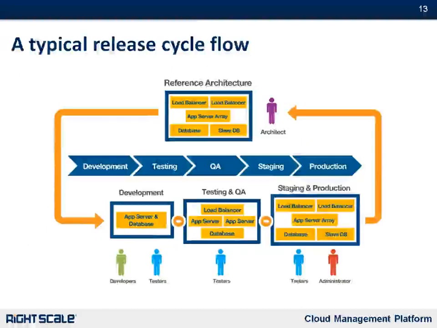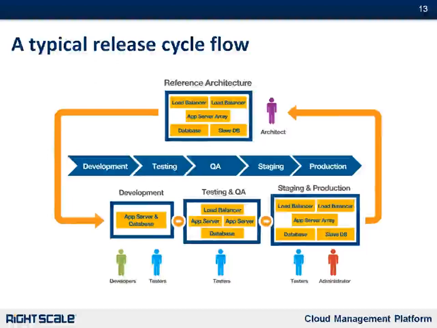There's this flow cycle slide that I think makes a good case for how we internally at RightScale think about managing this release cycle. Let's start at the top, where you can think of an architect of your product cooking up a reference architecture. In this case, we'll take the example of a typical 3-tier architecture: a couple of balancers for failure, an array of application servers, and then maybe just a master-slave database on the back end.